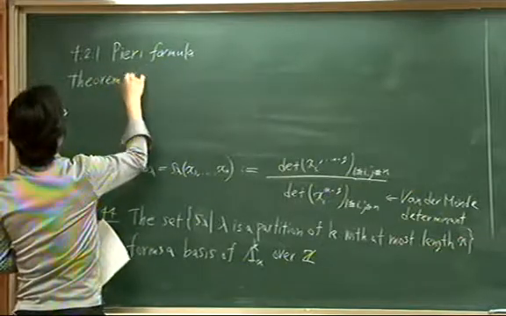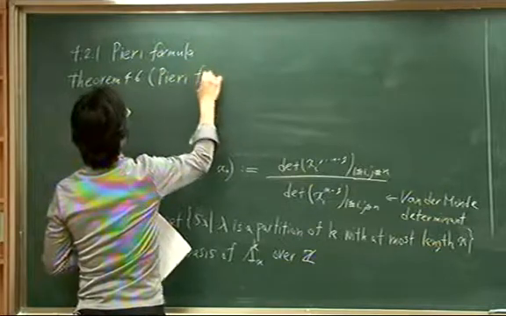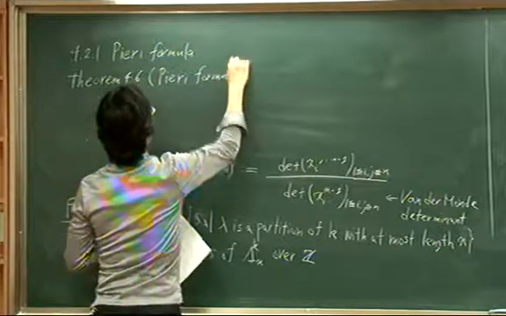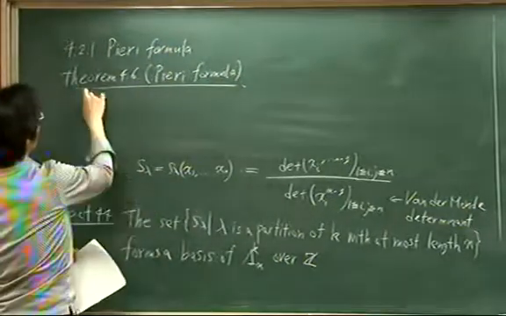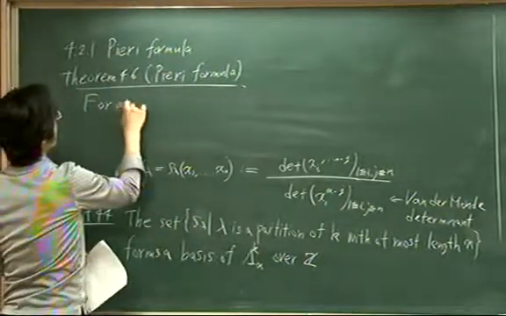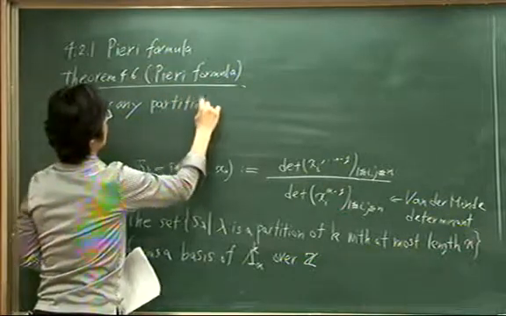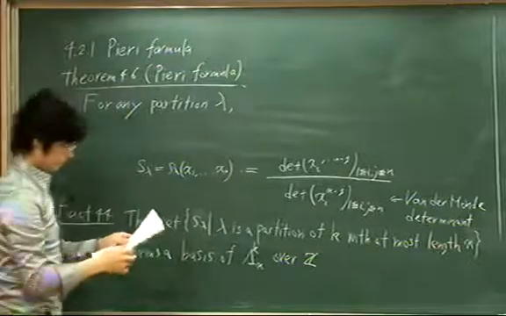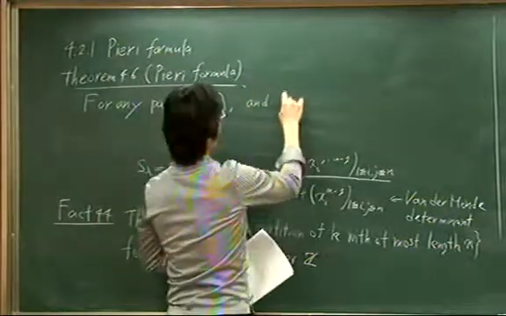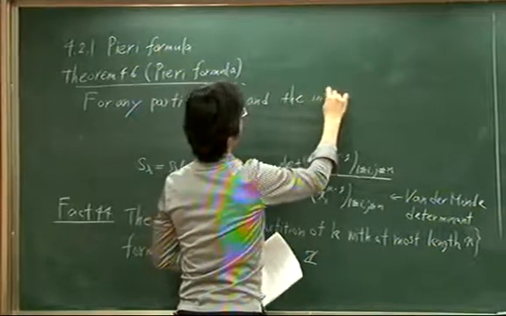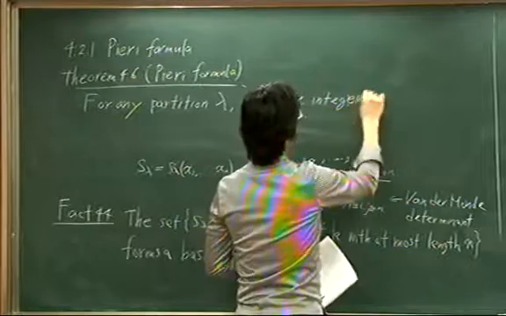Theorem, also called the Pieri formula. For any partition lambda and the integer k.